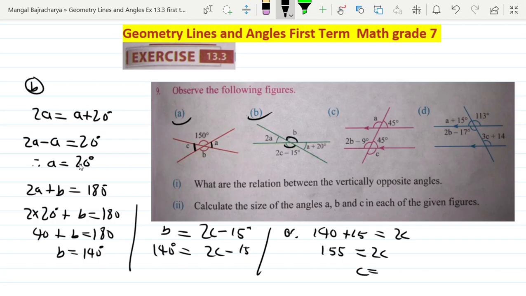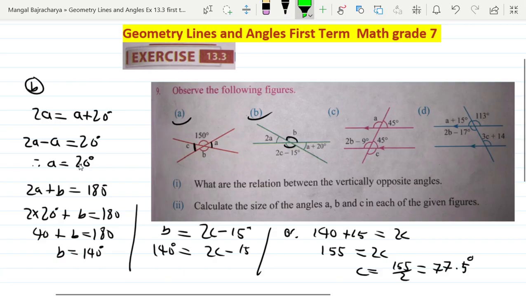So c will become 155 degrees divided by 2. So 2 sevens are 14, again 2 sevens are 14, point, and 1, 0, 10, 2 fives are 10. So the value of c is 77.5 degrees.